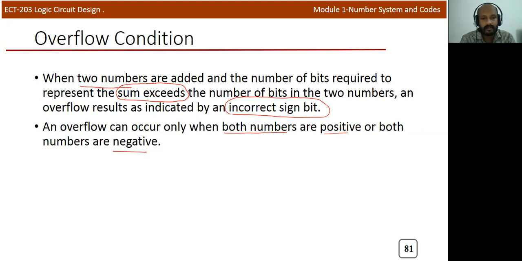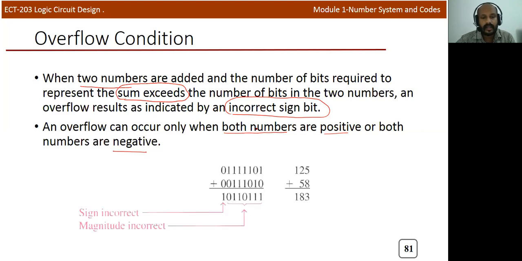So we'll see one example here. You can see two numbers, +125 and +58. We are representing them in, for example, 8-bit representation. Both numbers are positive, so we can verify the sign bit here: both are 0.